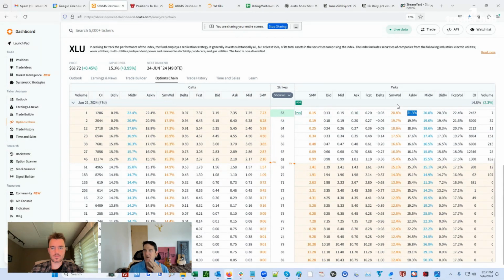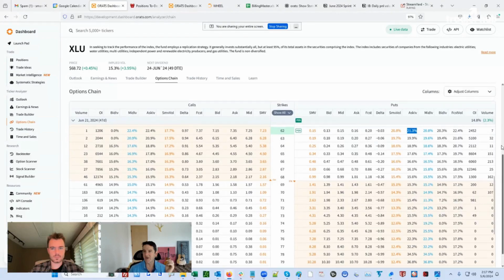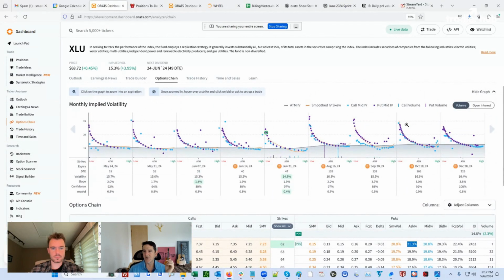Our SMV vol is a line that we draw through it, and it's right on to the 10th of a percent here. You can see how this line mimics the skew that we have here. That green circle is the option that we're long right there.